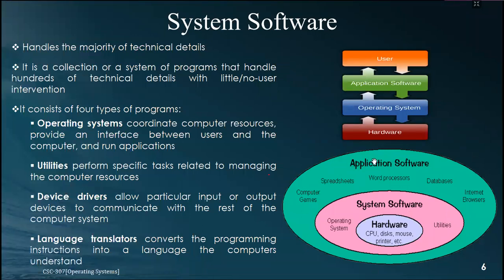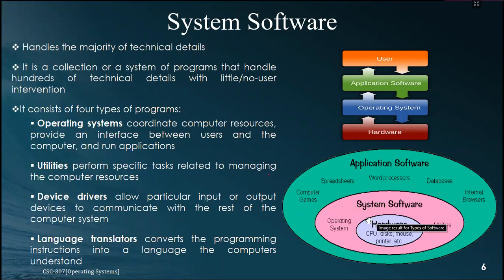So this is the hierarchy view. At the center of the diagram we have hardware. Then the hardware is covered by system software like the operating system and utilities, and on top of the bigger circle we have application software. So suppose you're playing a computer game. What you need to do first is take permission, or take resources, from the operating system and other utilities and device drivers so that you can actually play the game.